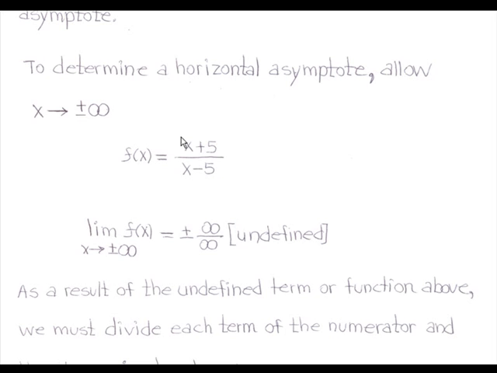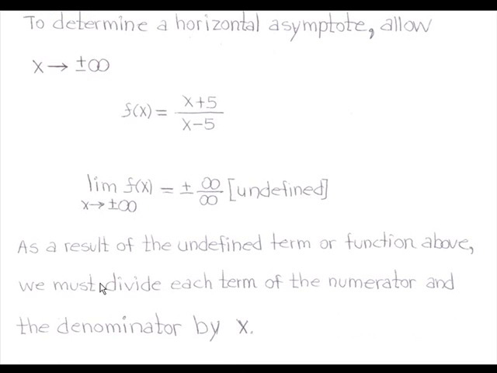That's the rule. And if the power in the denominator is greater than the power in the numerator, then as x approaches plus or minus infinity, the limit is going to approach 0, which we'll get into at some later time.